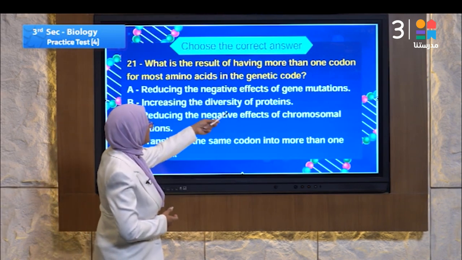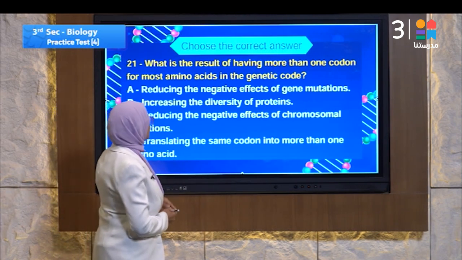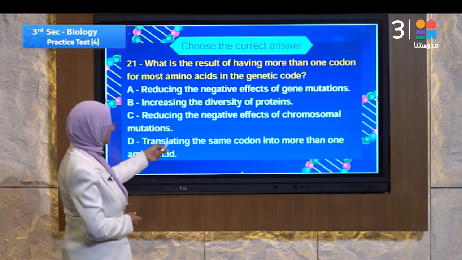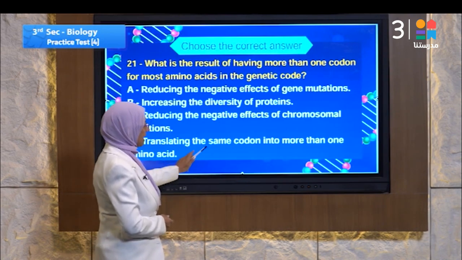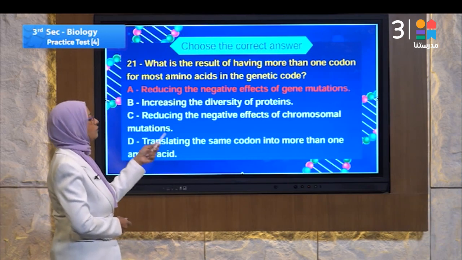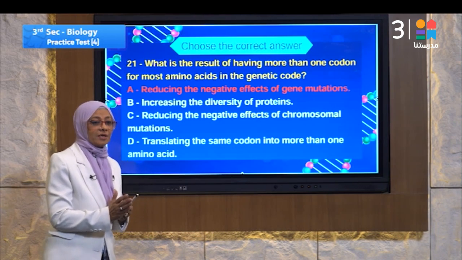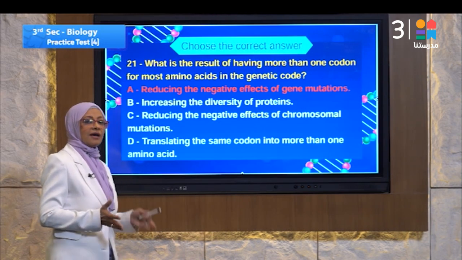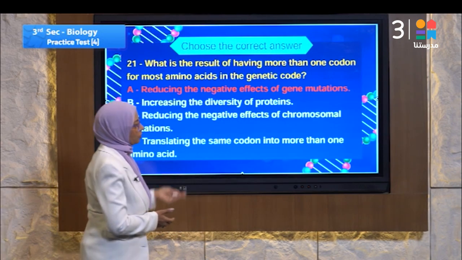Number A, reducing the negative effect of gene mutation, increasing the diversity of protein, reducing the negative effect of chromosomal mutation, translating the same codon into more than one amino acid. The answer must be number A, reducing the negative effect of gene mutation, because I have more than one copy. If one copy fails or goes to mutation, the other is found. I have it, so I reduce the negative effect of gene mutation.